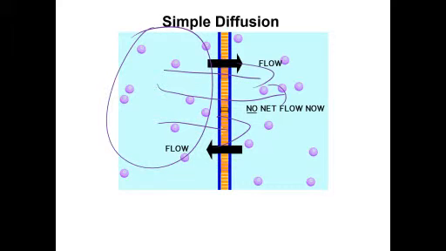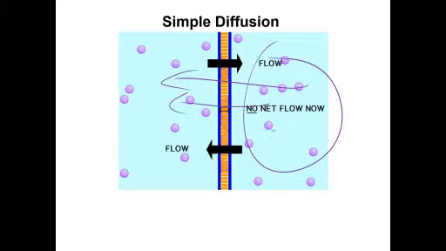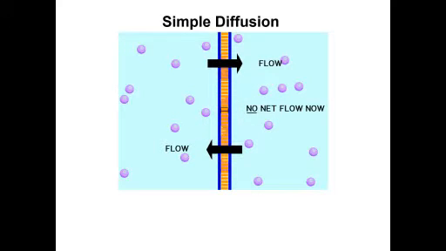But over time, you're going to have collisions on this side where particles begin to move over here, until eventually everything evens out and you're at equilibrium, where particles are moving at an equal rate in both directions.